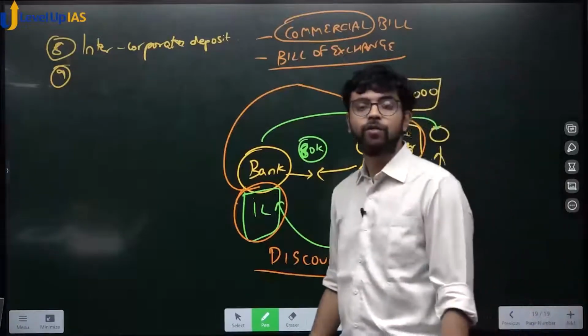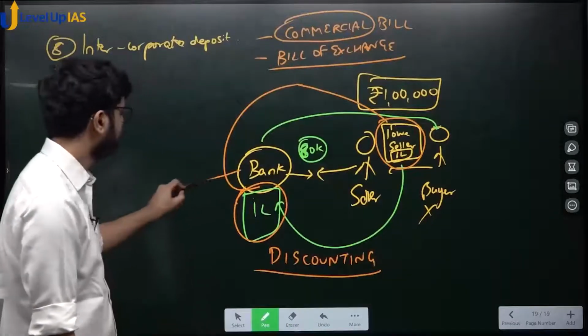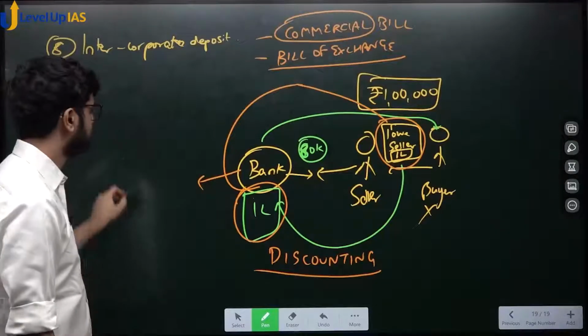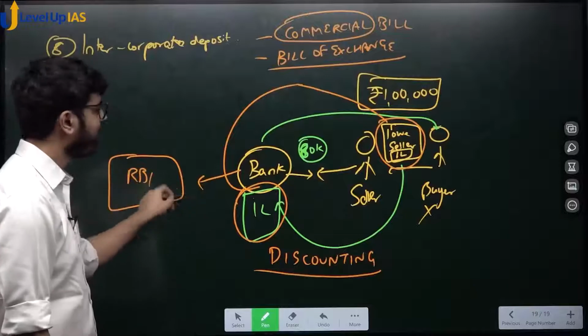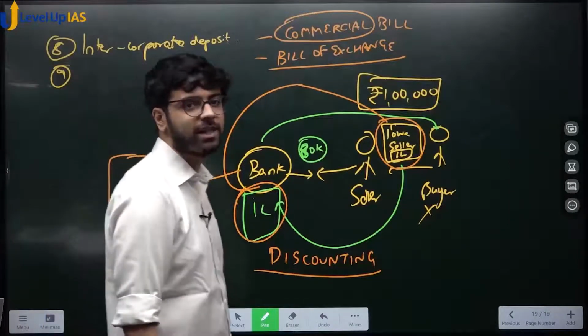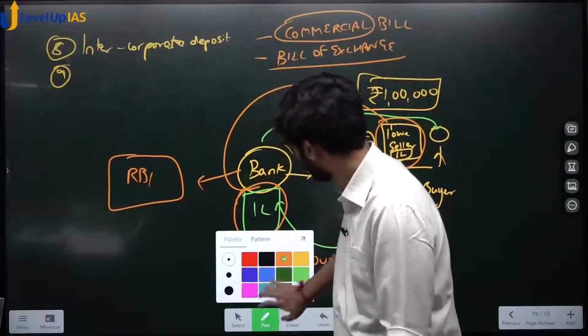What if the bank needs money tomorrow? What will happen? Whom does the bank go to? RBI. The same story will repeat. Will RBI give the bank 1 lakh rupees or less than 1 lakh rupees? Less than 1 lakh rupees. Can I say it is getting discounted again?